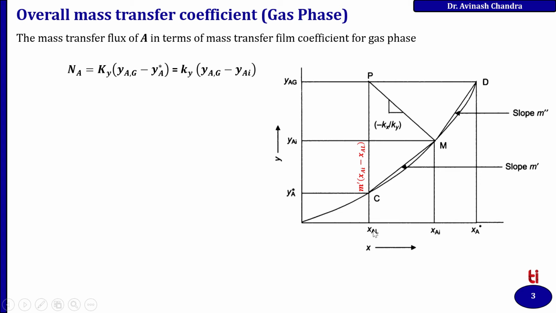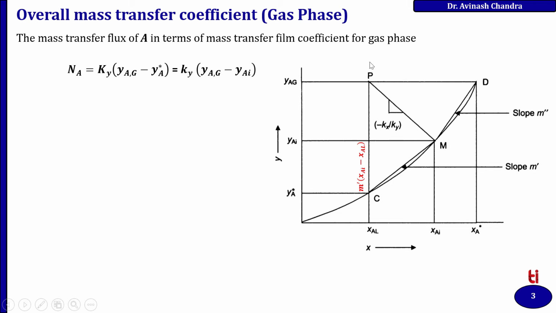So in this case, xAL is in equilibrium with the concentration yA star in the gas phase. Similarly, if you know the concentration in the gas phase yAG, then draw the horizontal line, and where this line cuts the equilibrium curve, draw the vertical line. There you will get the concentration of component A in the liquid phase. So yAG has the equilibrium value at xA star.